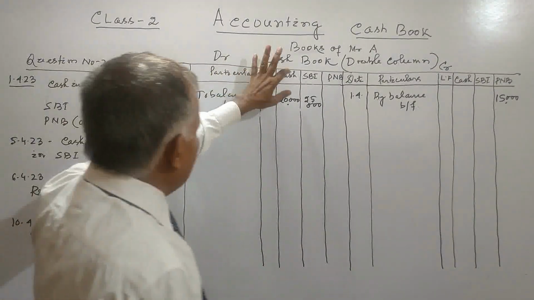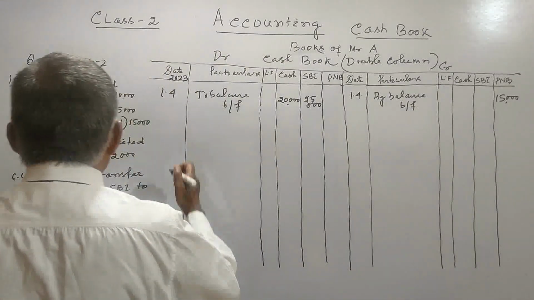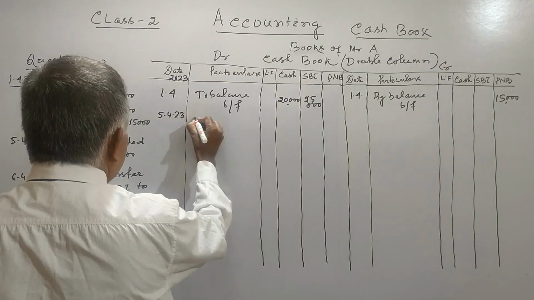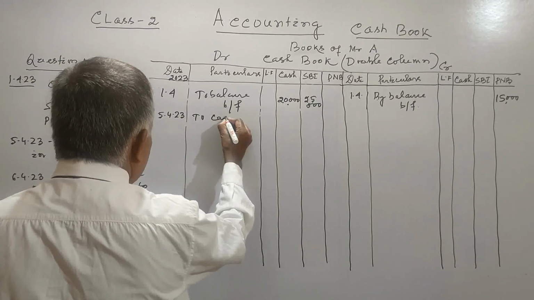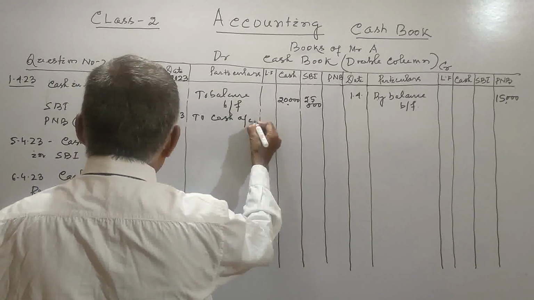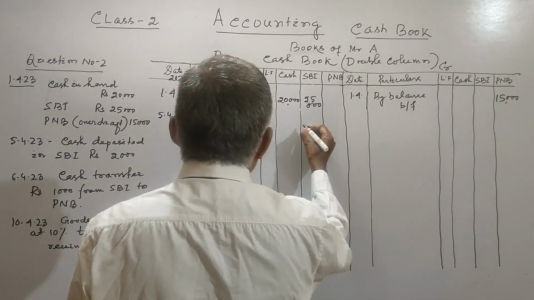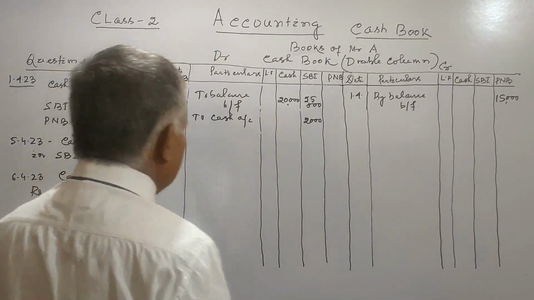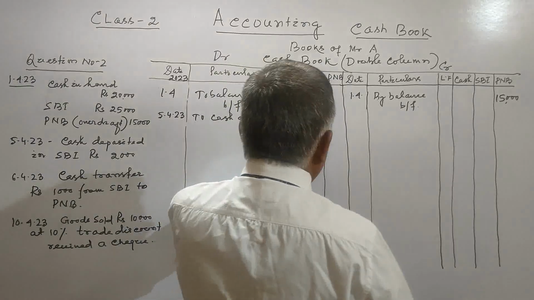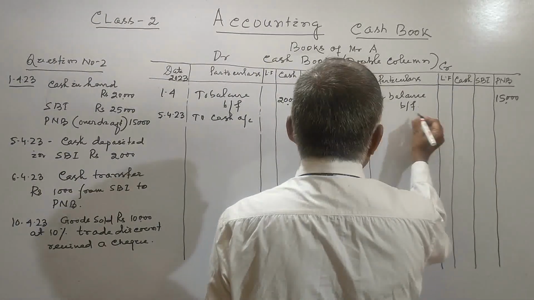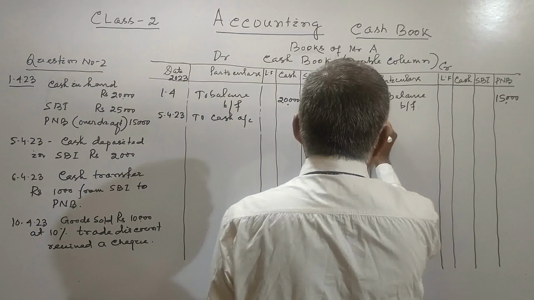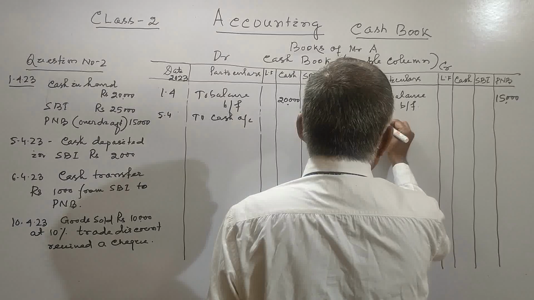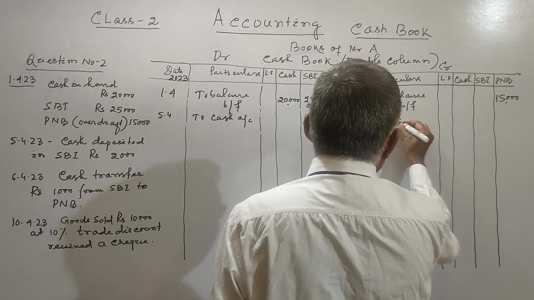So you go to the bank SBI, you write the other account, that is to cash account, it is 2000, cash deposited with SBI. So SBI balance will increase, cash will decrease. Here you write by bank.